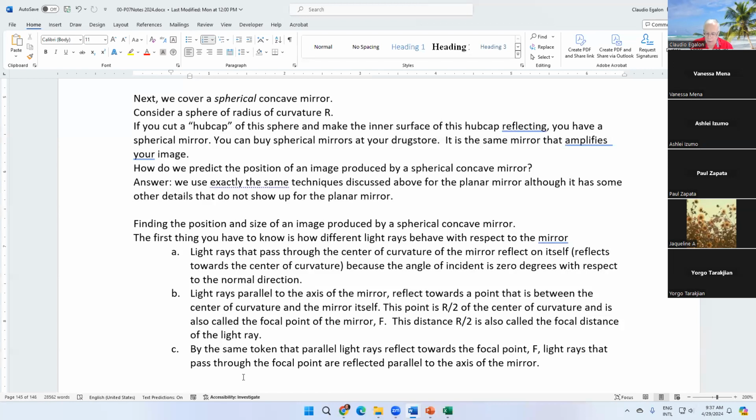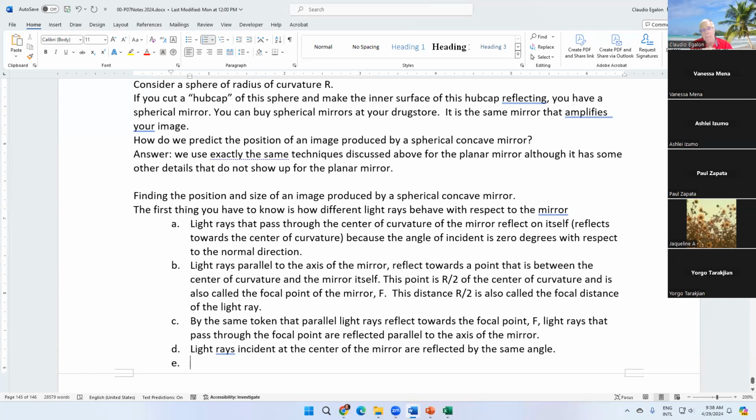There is one more: light rays incident at the center of the mirror are reflected by the same angle. So there are 4 different light rays that we can play with to find out where the image of the source is formed.